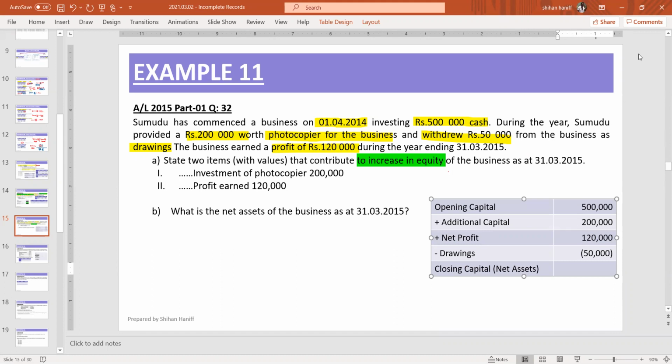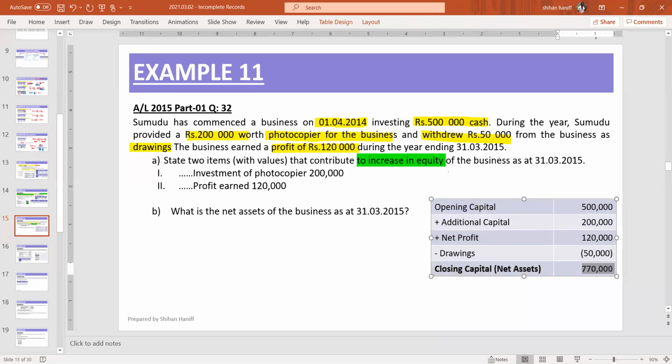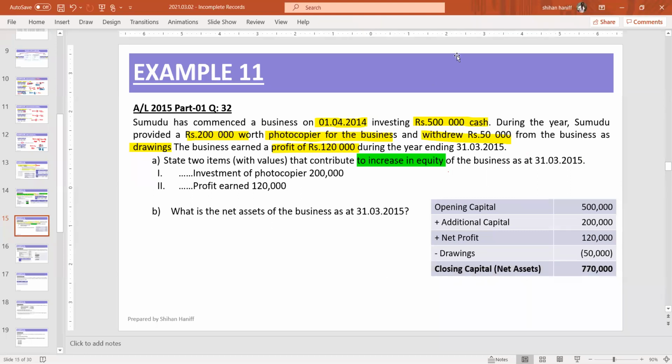What is the closing capital? Closing capital is 770,000. So that's the answer for the closing capital.